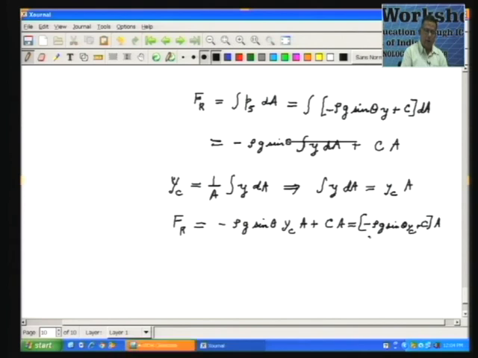Now, this quantity here you will recognize as the pressure at the centroid, because the pressure itself was simply minus rho g y plus c. So, we have a simple expression for the resultant force, which is the pressure at the centroid times the area.